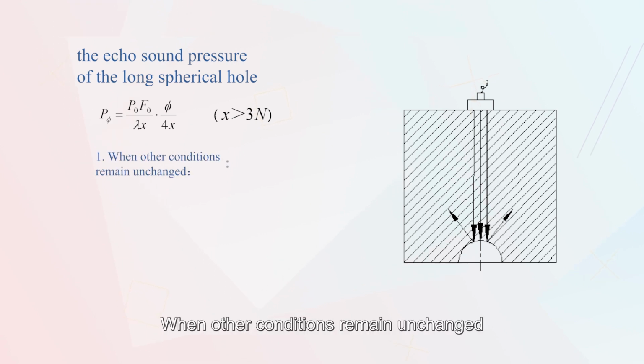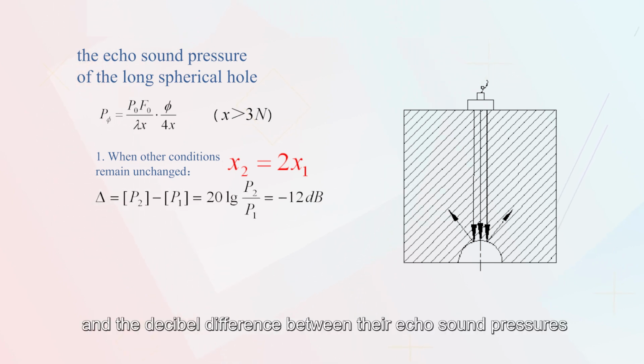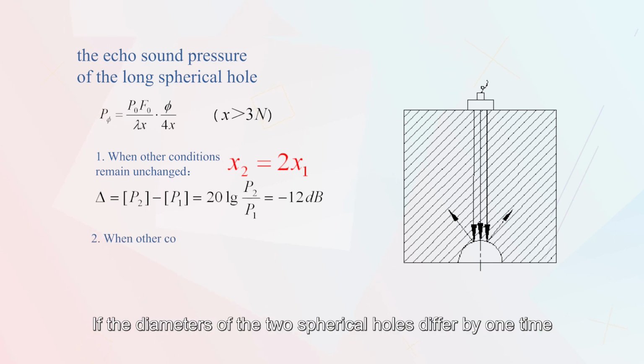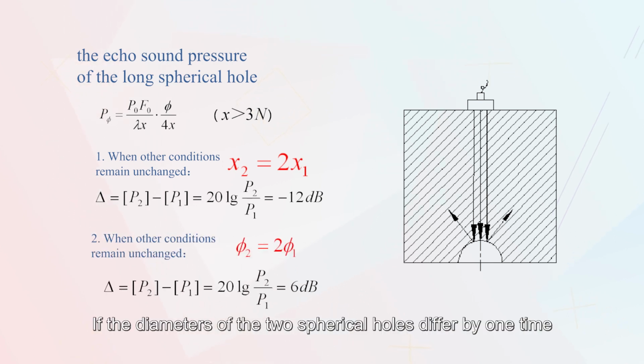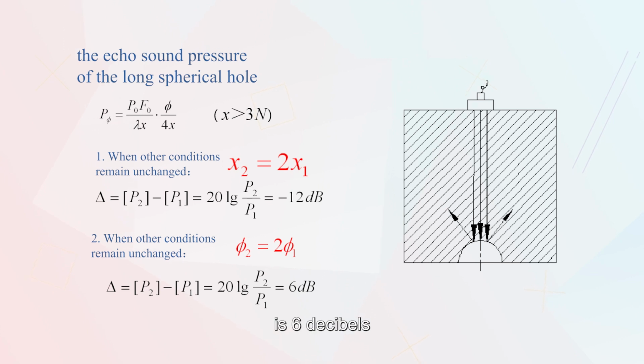When other conditions remain unchanged, if the distance between the two spherical holes is doubled, the decibel difference between their echo sound pressures is 12 decibels. If the diameters of the two spherical holes differ by 1 time, the decibel difference between their echo sound pressures is 6 decibels.